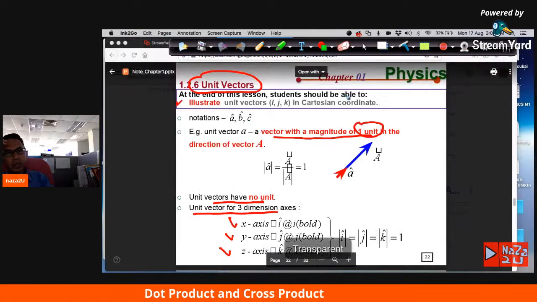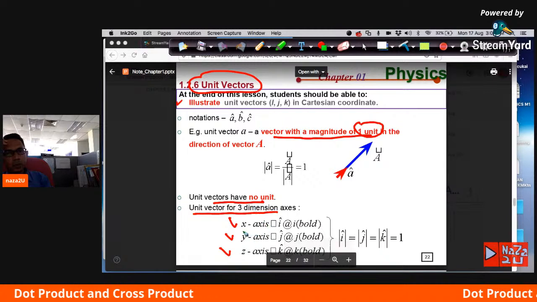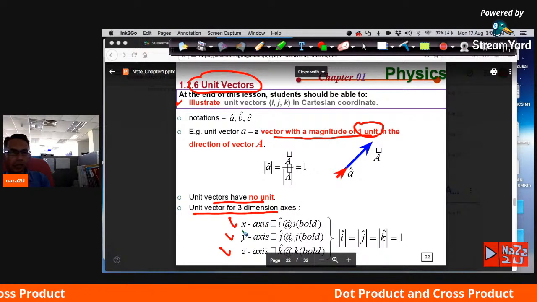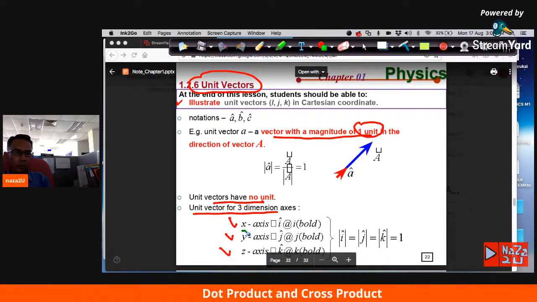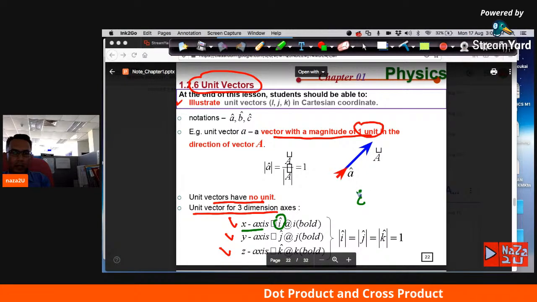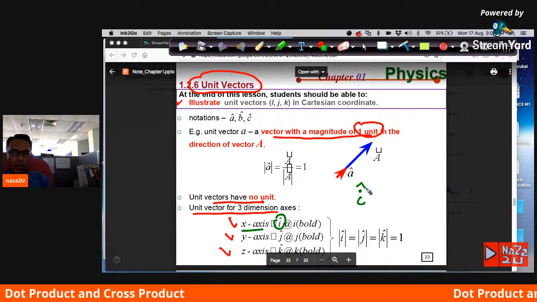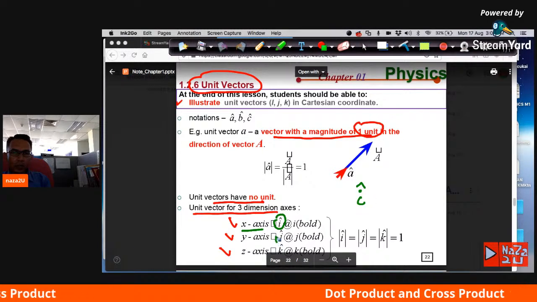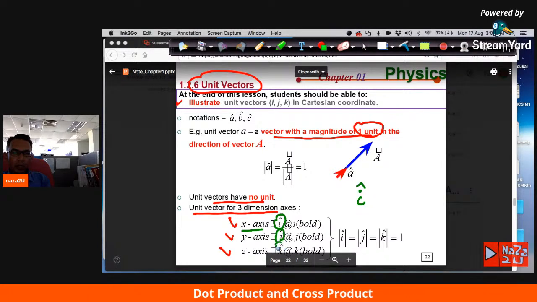If you look at the lecture note, the x-axis symbol is i, and this is a cap, so i, and this is vector j, and this is vector k.